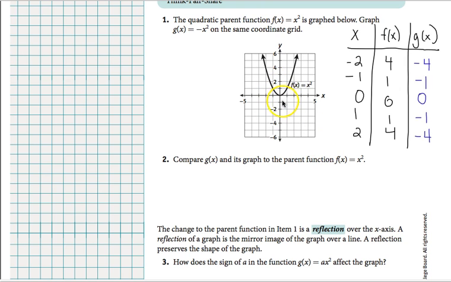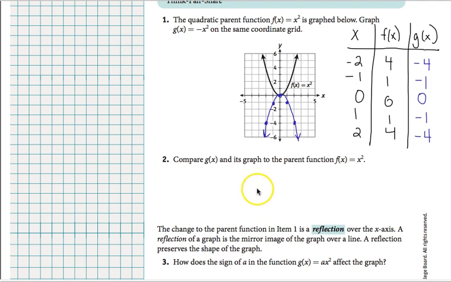As we plot this: -2, -4; -1, -1; 0, 0; 1, -1; and 2, -4. And here is our parabola.